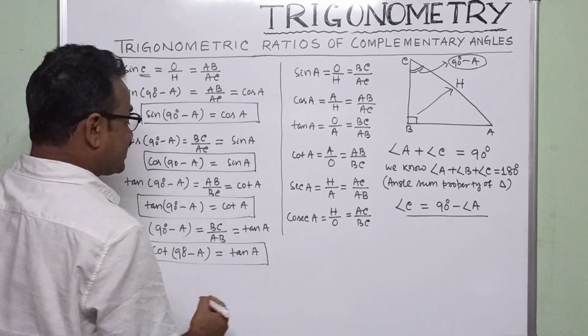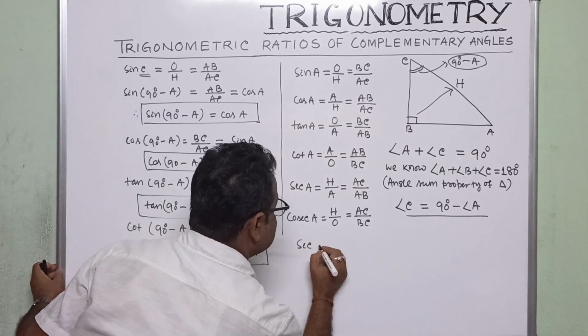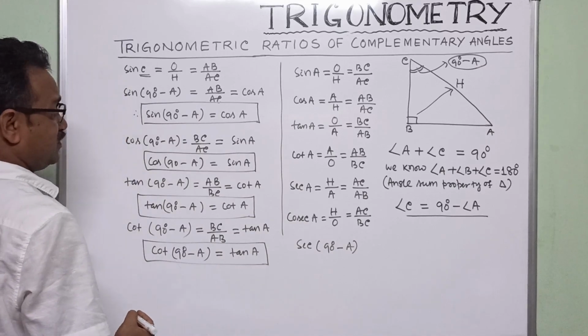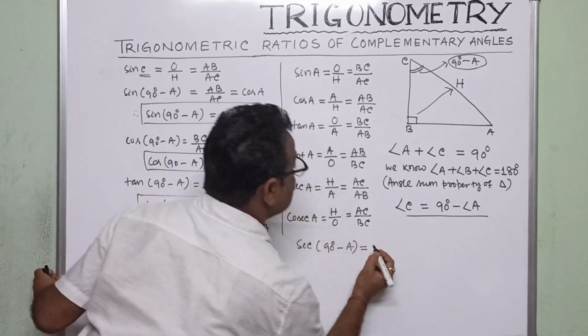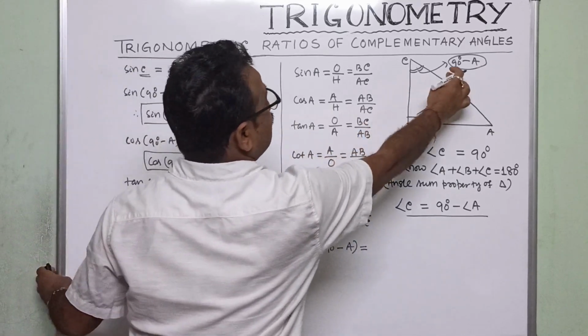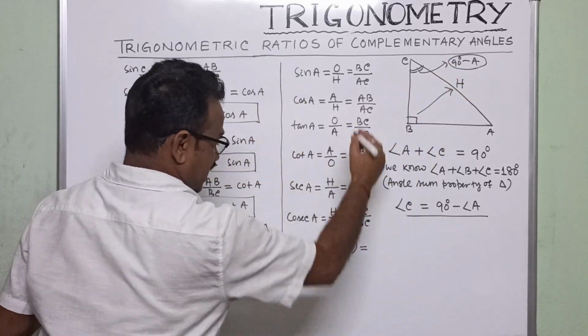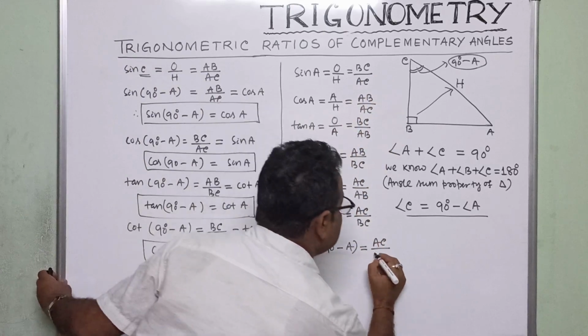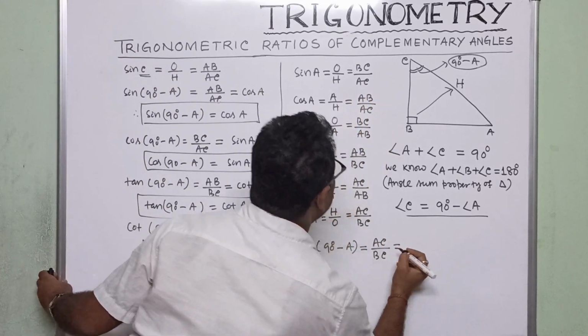Now come to sec. Sec 90 minus A is hypotenuse AC by adjacent BC, so AC by BC.